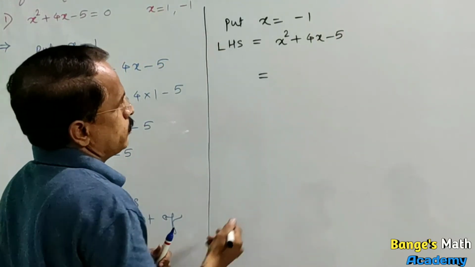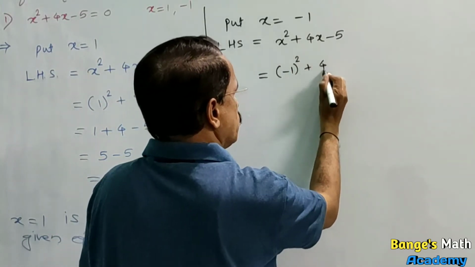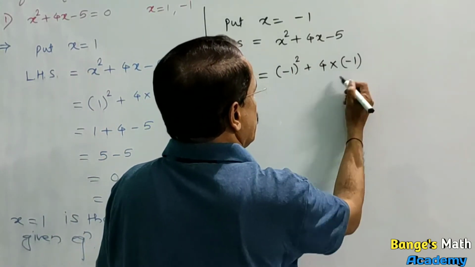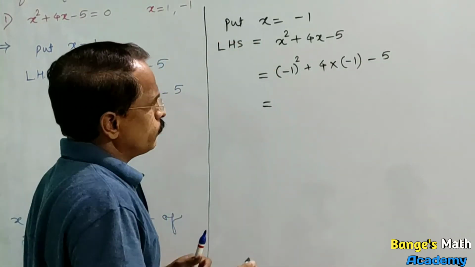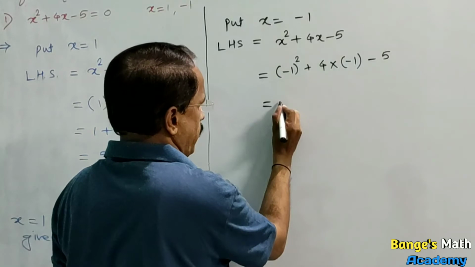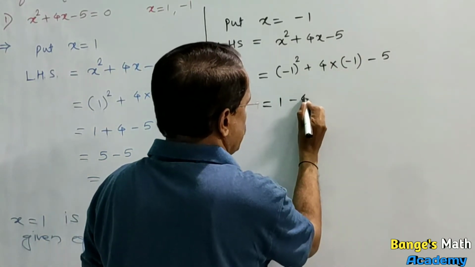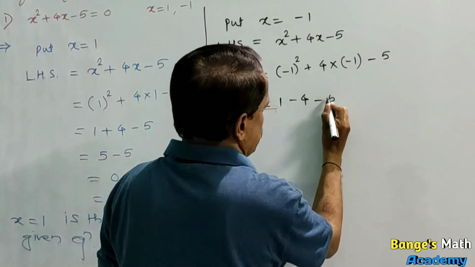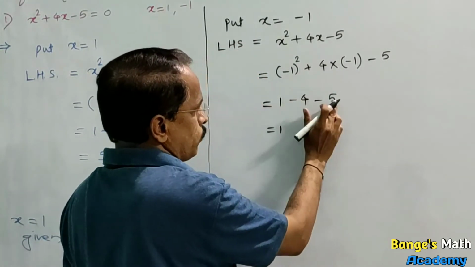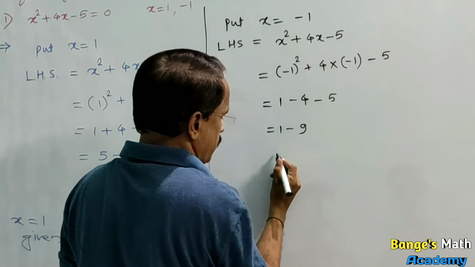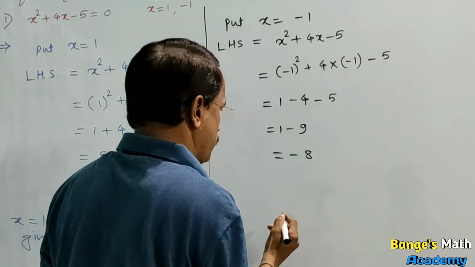Put x is equal to minus 1: minus 1 square plus 4 into minus 1 minus 5 is equal to 1 plus 4 into minus 1, minus 4, minus 5, is equal to plus 1 minus 4 minus 5, minus 9, 1 minus 9, minus 8.